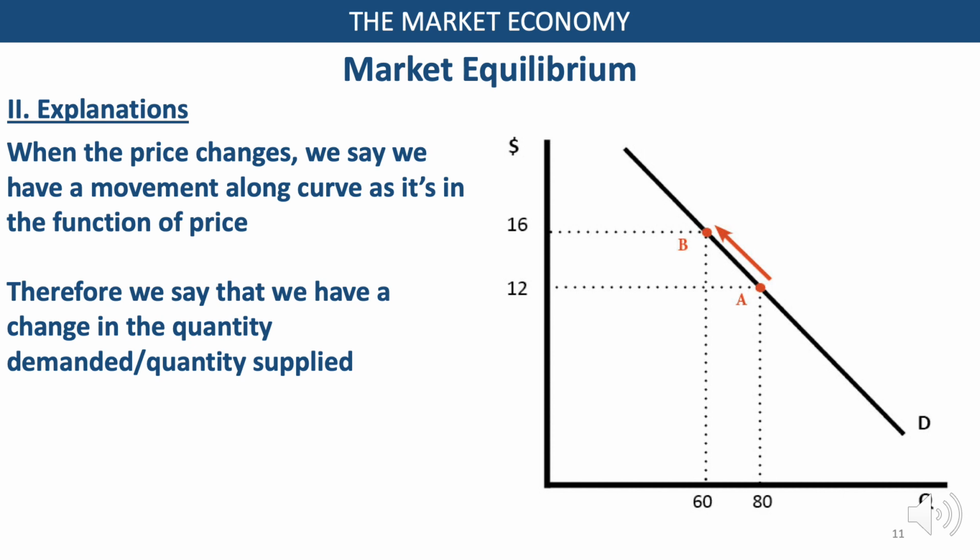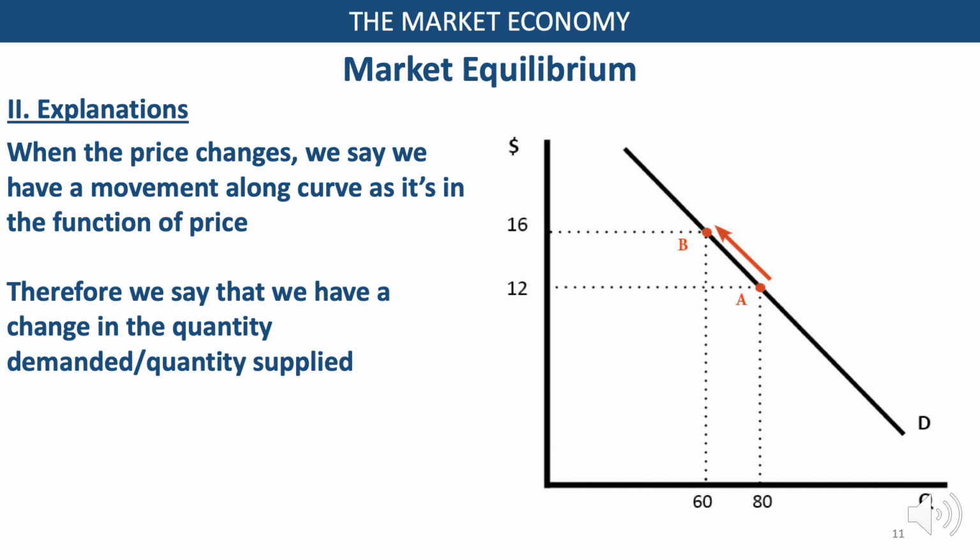Now, an example of what happens when we change the price. Supposedly, we are at point A, which means that we have 80 Q and 12 P, $12. And then when we increase the price to 16, as you saw in the previous slides, the demand will decrease.